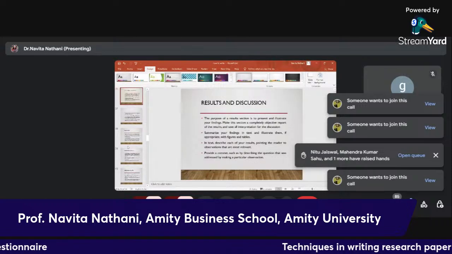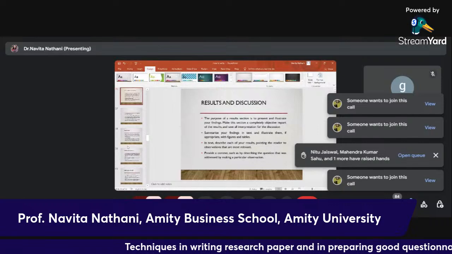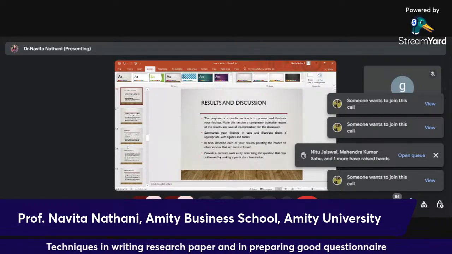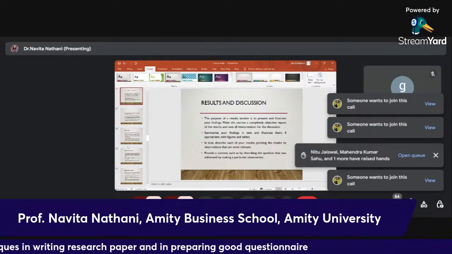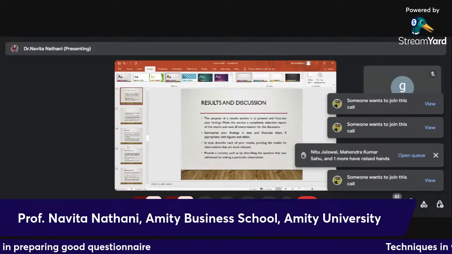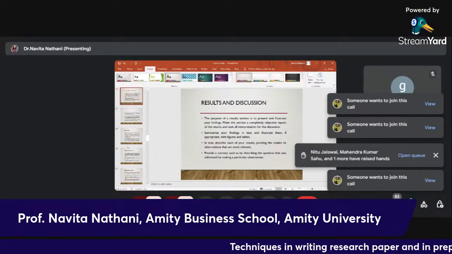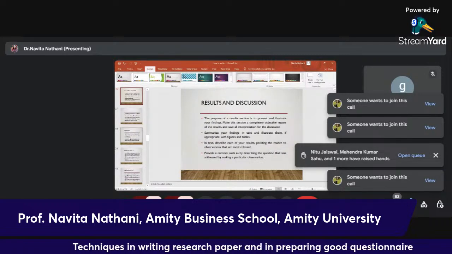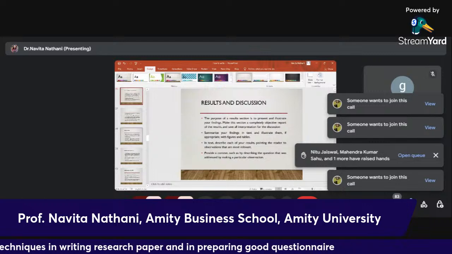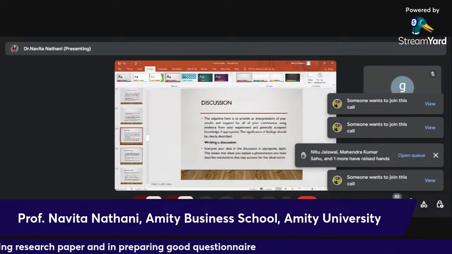Normally papers published in international journals require a lot of discussion, and that discussion should include the papers' references even. That means these are the results which are similar to this, these are the results which are similar to that. So discussion should always be added to your paper.